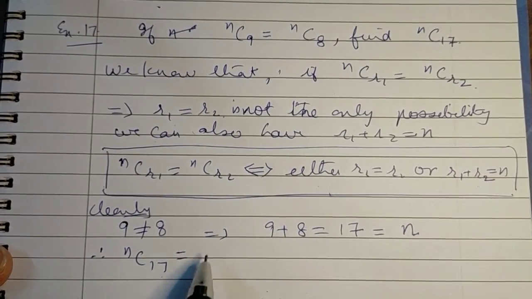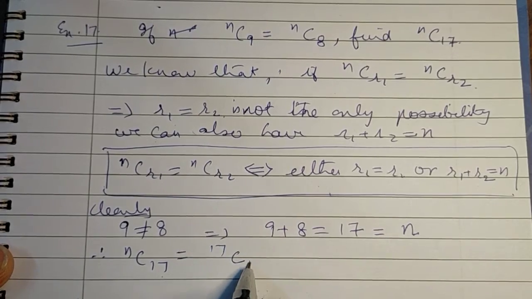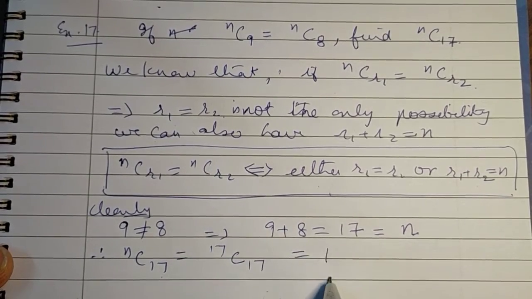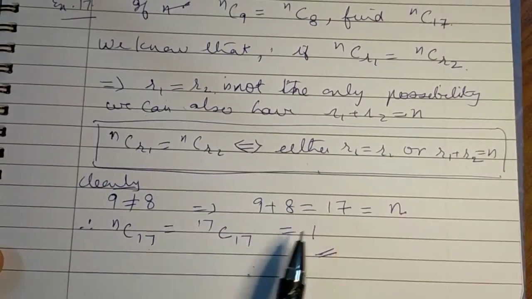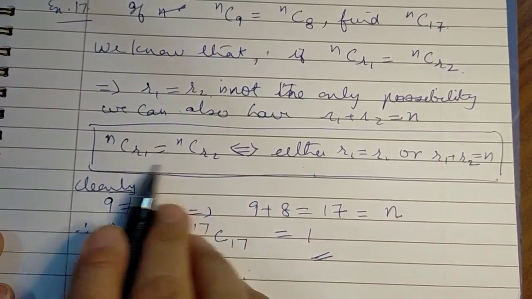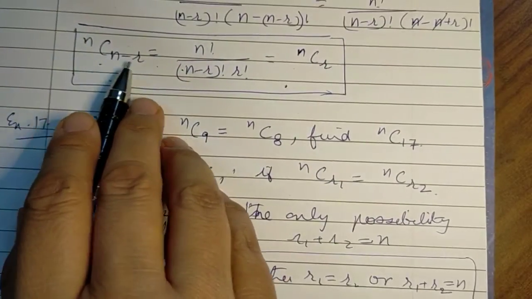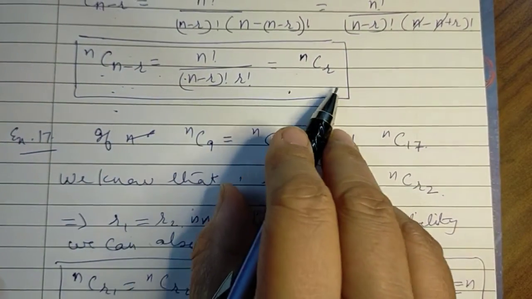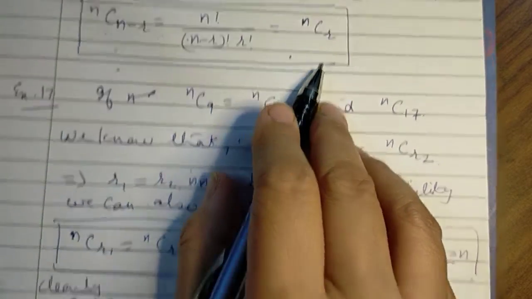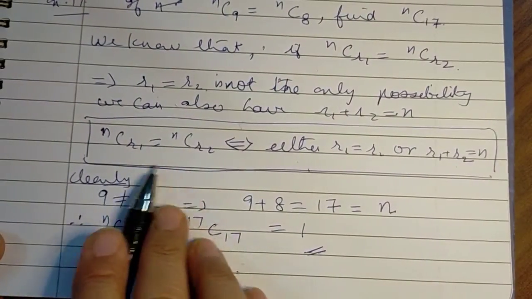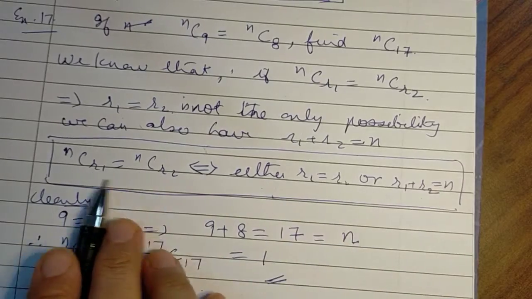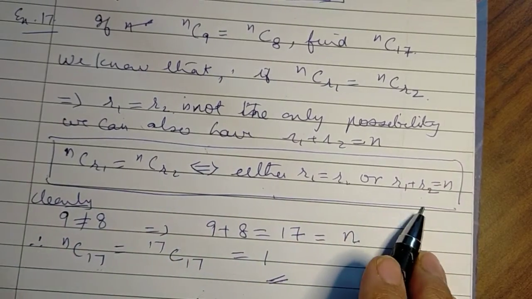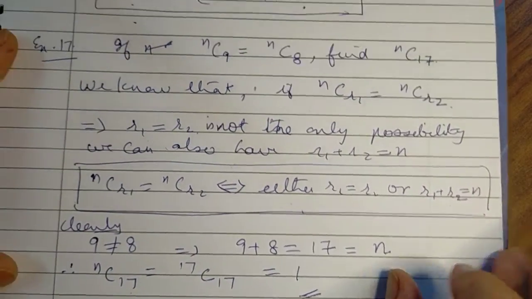So nC17 is nothing but 17C17, which is 1. Straight away, without having to calculate the value, we directly arrived at this result because of this corollary, that is nC(n minus r) is equal to nCr, which gives us that if two combinations are equal, either r1 equal to r2 or the sum of the two r's is equal to the total number n.